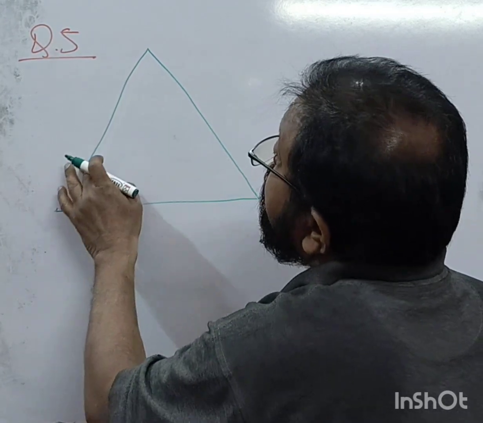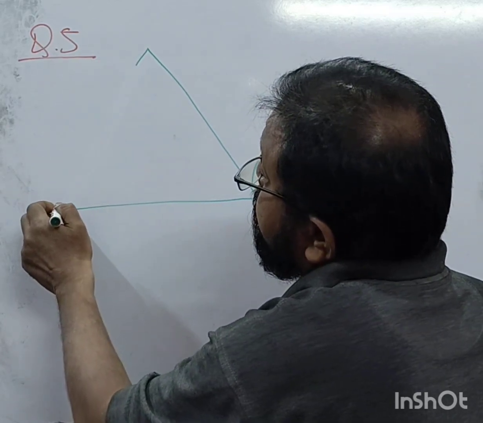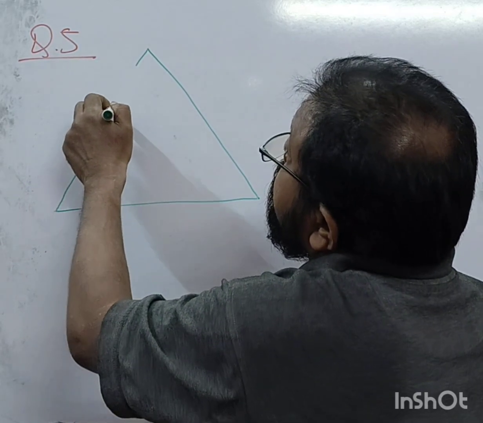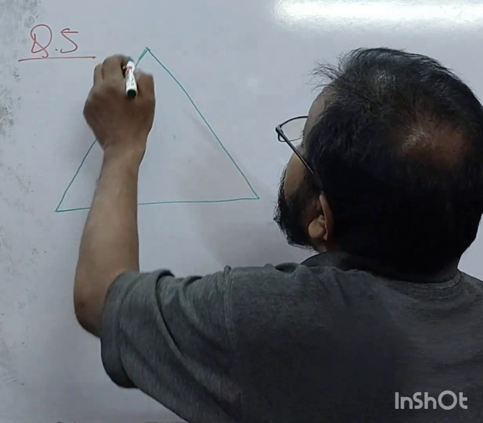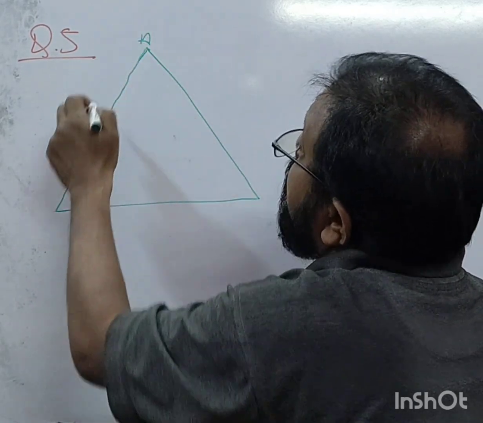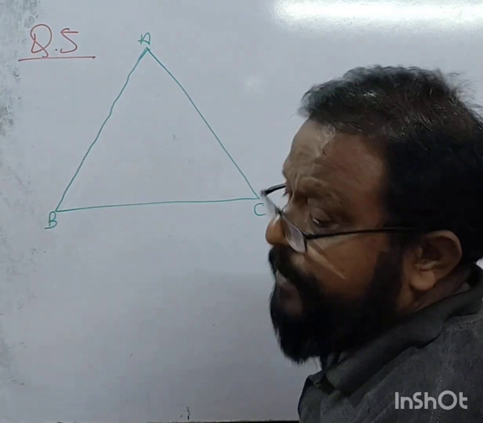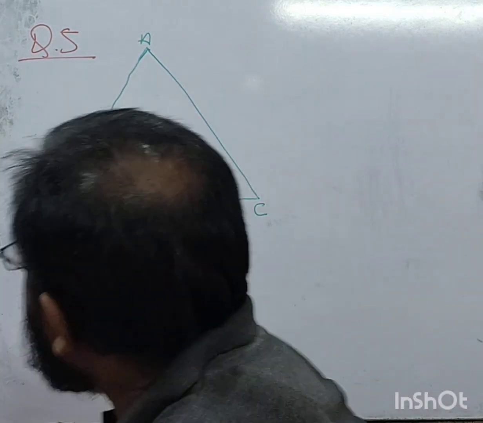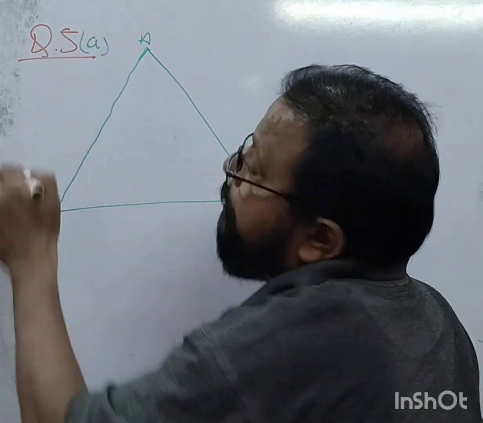This is what we have. This is A, this is B, this is C. This is question number 5, part A.